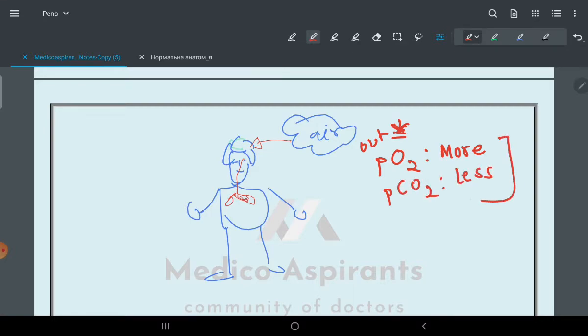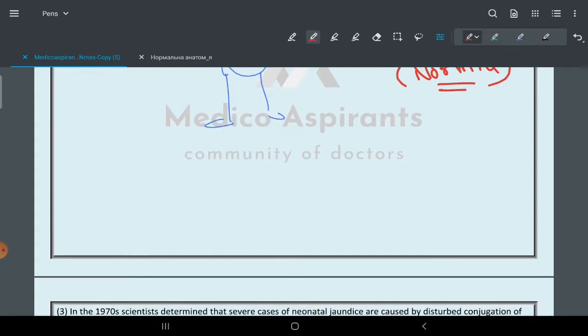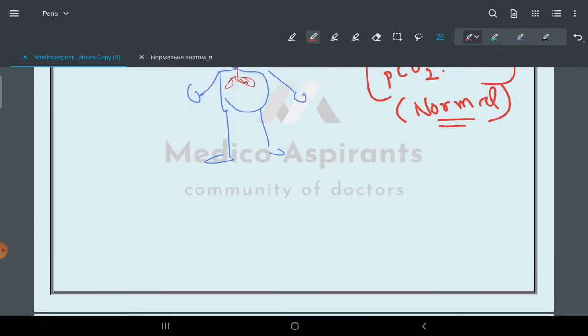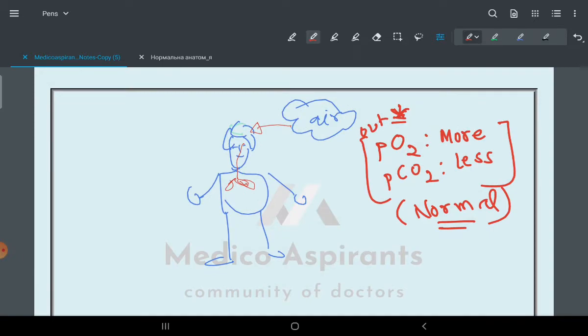Only then is it a normal condition. For those who want to remember it, just remember this: oxygen partial pressure outside is more, and oxygen partial pressure inside is less.